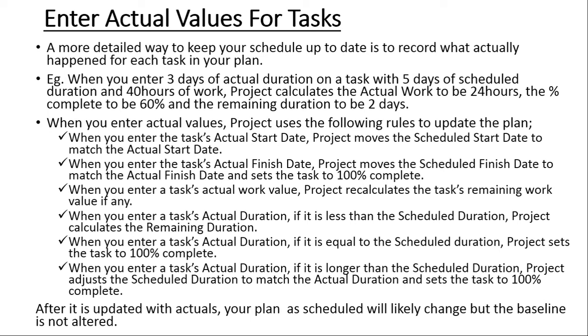What MS Project will do is it will now adjust the schedule so that the duration matches the actual. So it will now change that 5, which was in our original plan, and make it 6, therefore matching the actual duration. Once it matches the actual to the plan, it then sets the completion percentage to 100%.